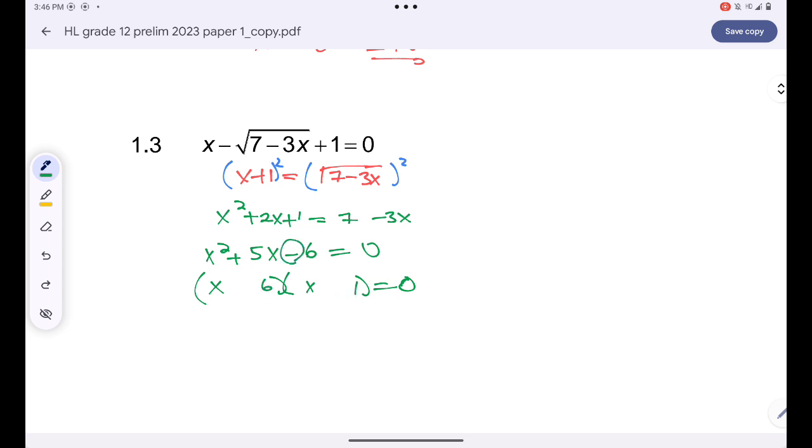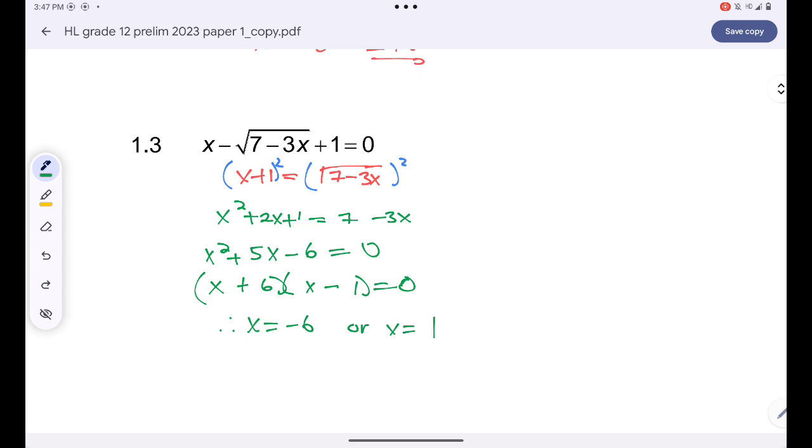Since the sign over there is negative, that means my brackets will have different signs. The bigger factor will take the sign of the middle term. The bigger factor is 6, so the sign of the middle term will be here, and I'll have negative over there. And hence, x is equal to negative 6, or x is equal to 1.